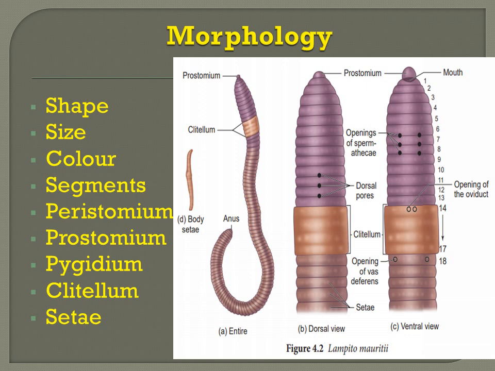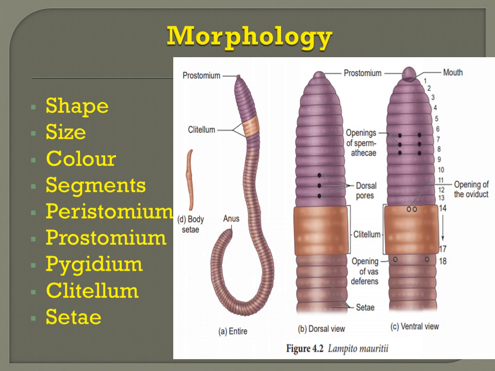It is one of the very important regions of this earthworm, the clitellum region. The clitellum is actually a glandular thickening, a thick region. Why is it mentioned as glandular? Because it is doing the secretory process. We already learned about the word glandular epithelium. Do you remember? Glandular means it is doing the secretory process. So the clitellum is a swollen, thick glandular region.